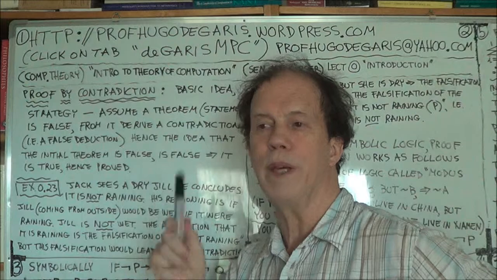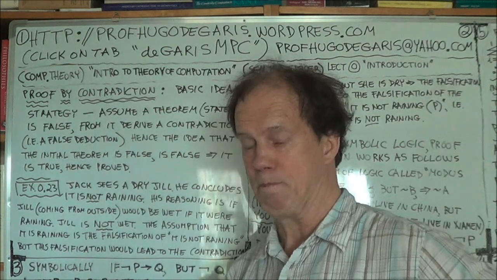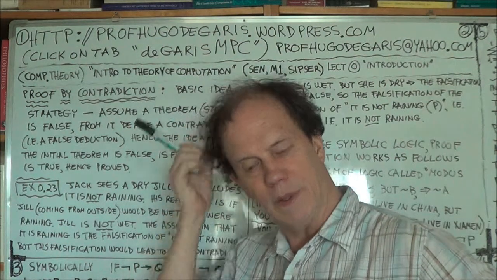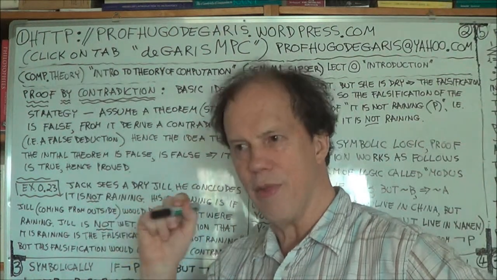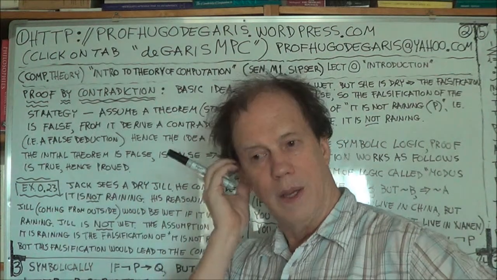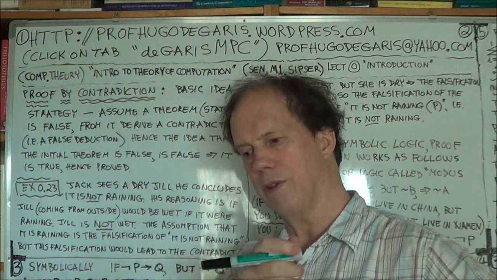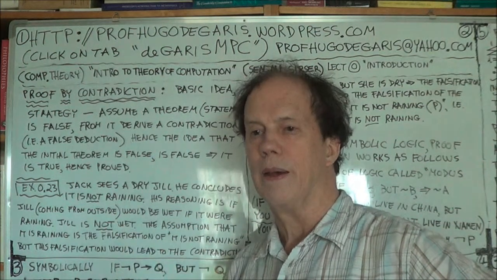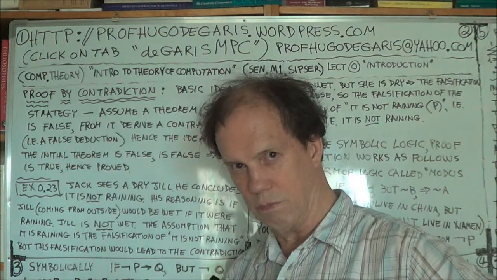You have contradicted P by starting with not P. And then from that, you conclude something: if not P, then Q, where Q is some other statement. But in reality, not Q is true. In other words, you have deduced from not P that Q, but Q's false. The reality is that it's not Q.